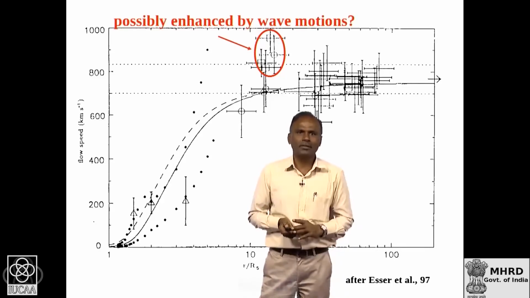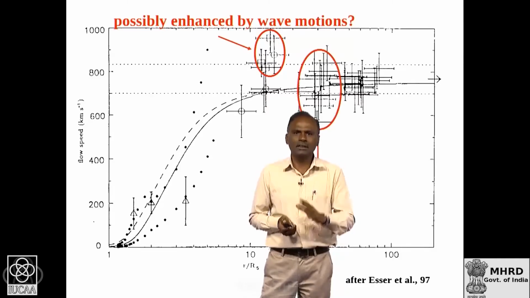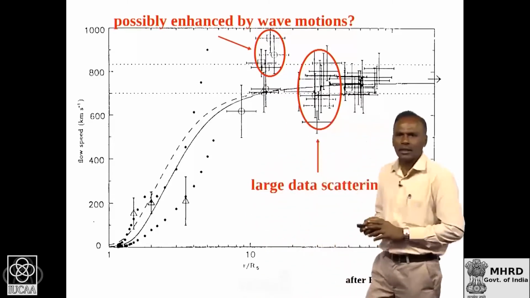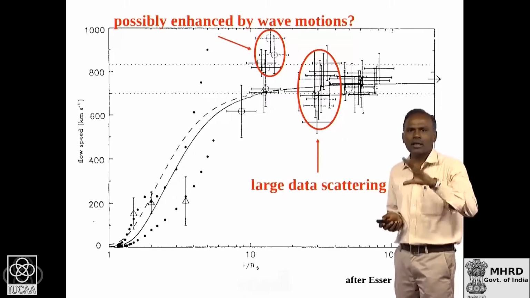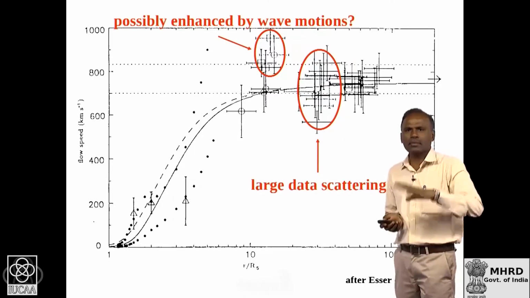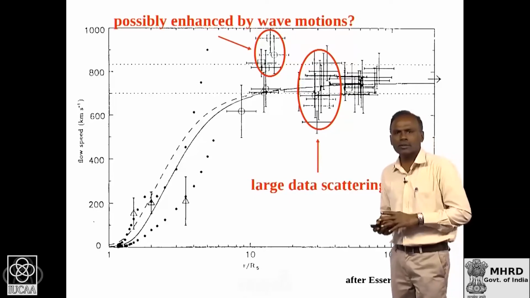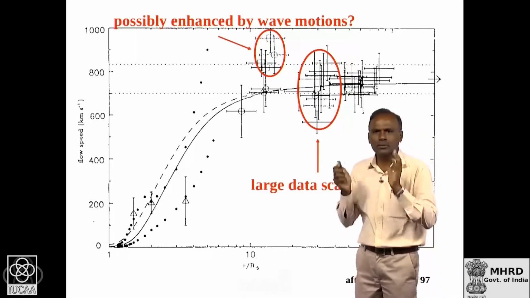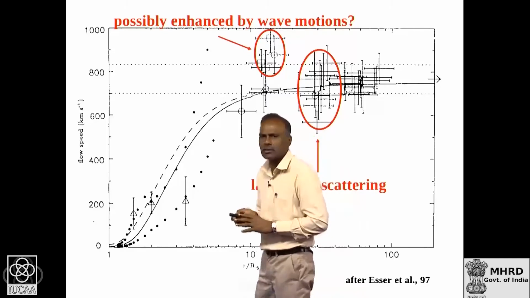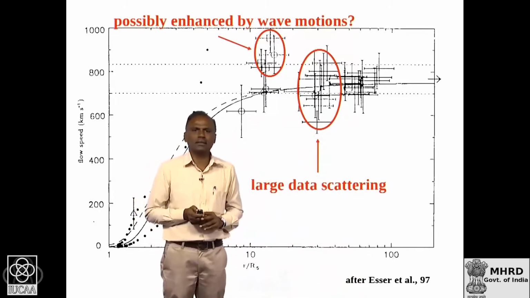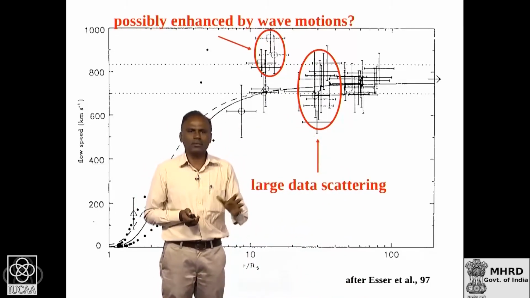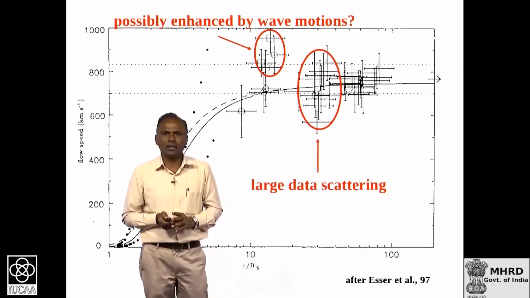For example, here we see high speed wind at about 10 or 15 solar radii, possibly enhanced by wave motion, and then at something like 30 solar radii we see large scattering for a given distance. So, these things can be due to properties associated with the region on the sun. This work we did combining scintillation and other theory.